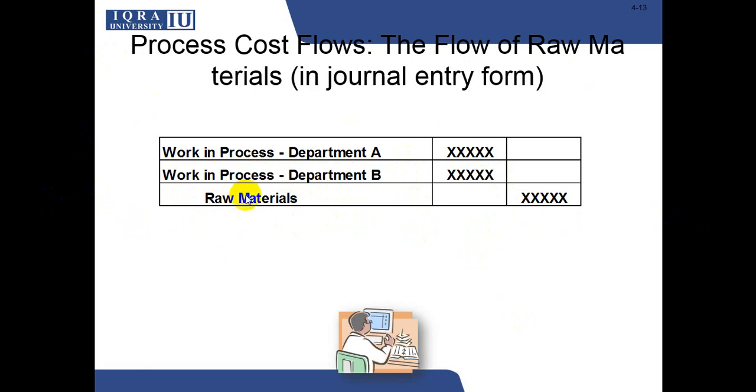If we consider one department, then raw material is credit and WIP is debit, and the other department is excluded. But here in this example we have two departments, so we will assume department-wise working.